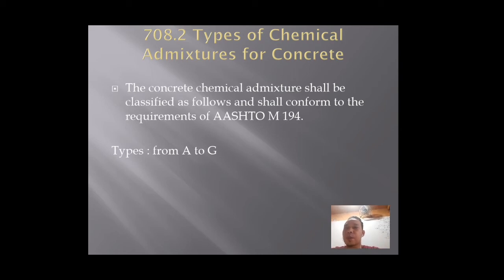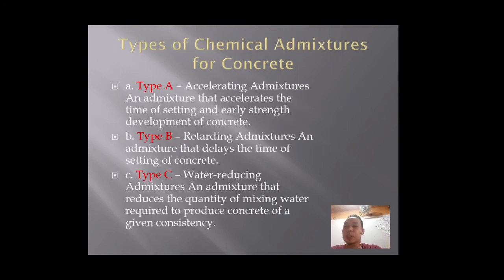So they have different types from A to G. First, type A, accelerating admixture, an admixture that accelerates the time of setting and early strength development of concrete. So this type of admixture makes the materials harden very fast.